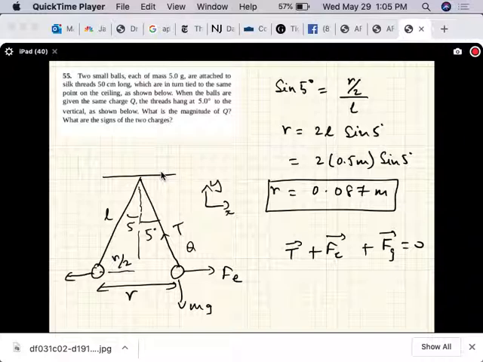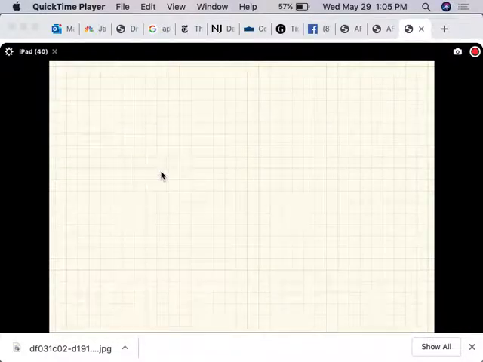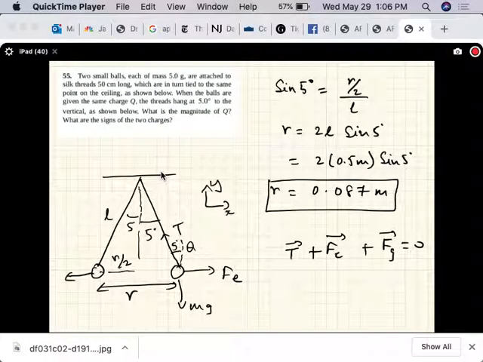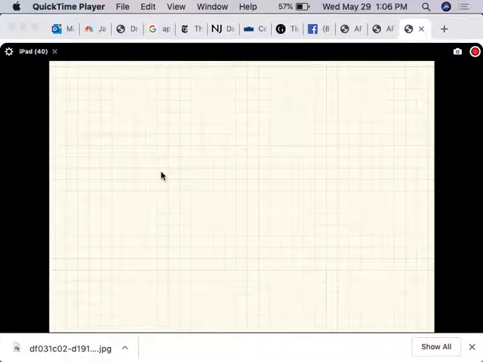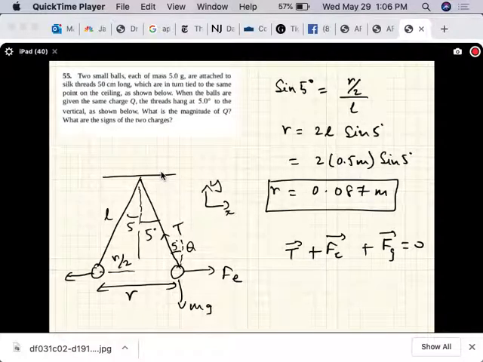And so now we'll just equate the components. Before I do that, let me draw this. This is 5 degrees as well. Now we'll write down the components. The x components: this has an x component and this doesn't have an x component.